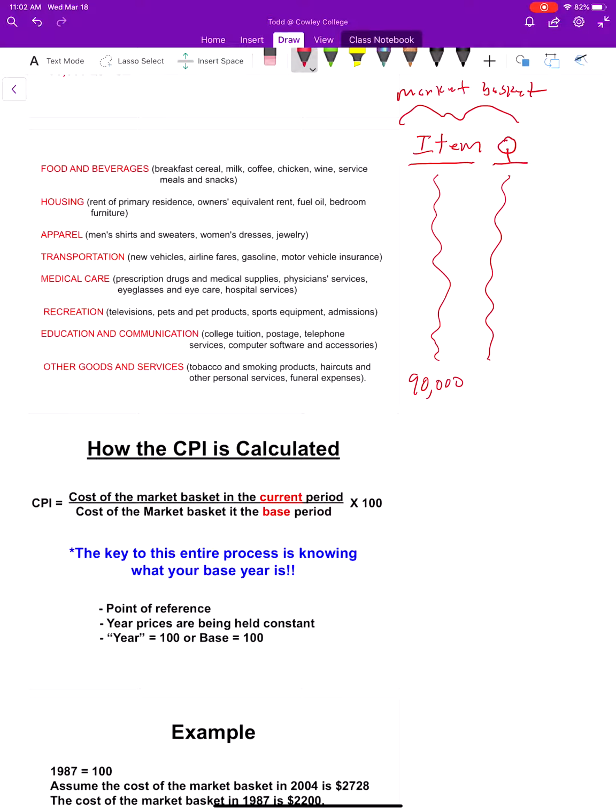The way the market basket is calculated goes something like this. Let's just say, and we're going to keep the numbers simple, that the Bureau of Labor Statistics wants to know what this market basket costs in January of the year 2020.